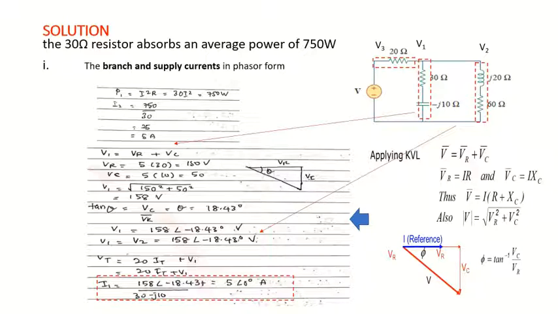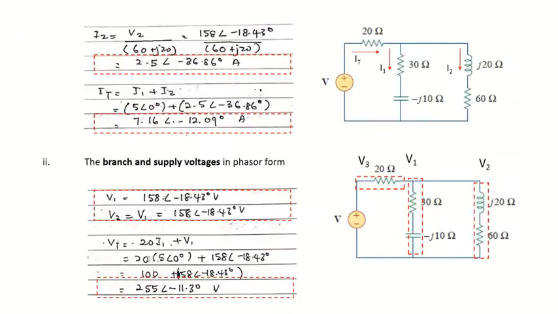So I1 here is V1 divided by Z1. V1 is 158 with minus 18.43 degrees divided by 30 minus j10, which gives you 5 with 0 degrees amperes. So that is your I1.